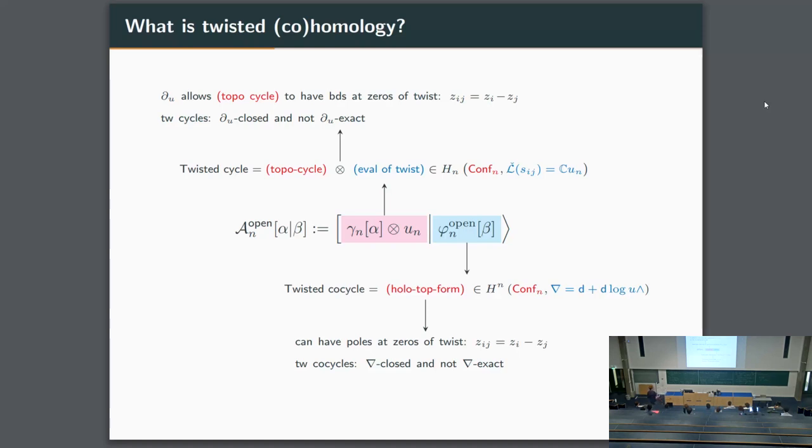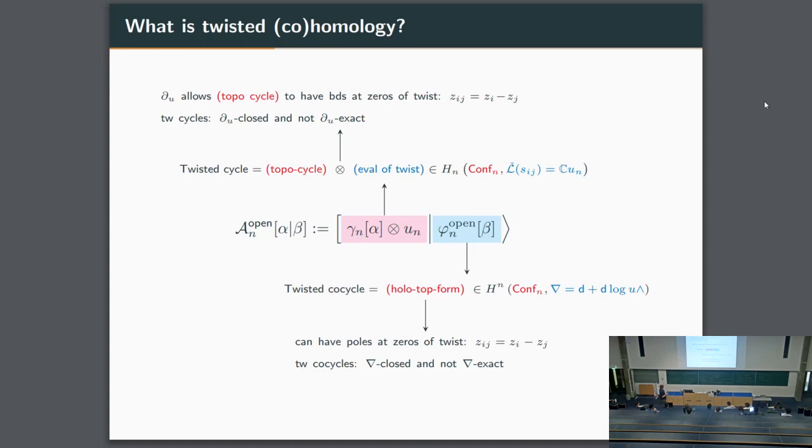So I want to view this integral as a pairing between a twisted cycle and a twisted cocycle. So the twisted cocycles, they're just differential forms, except when I construct the cohomology, I construct it with respect to this covariant derivative due to the presence of this multi-valued function called the twist.